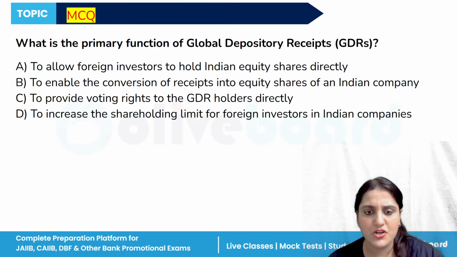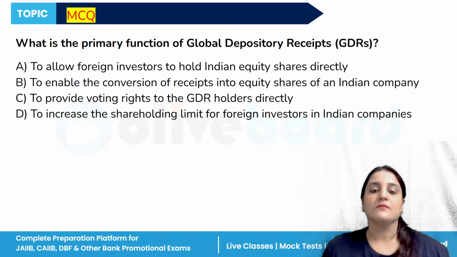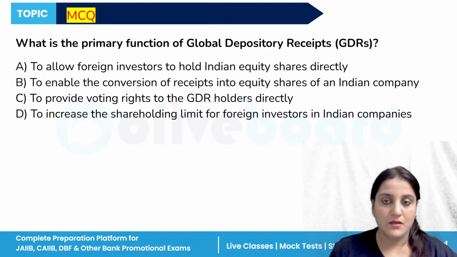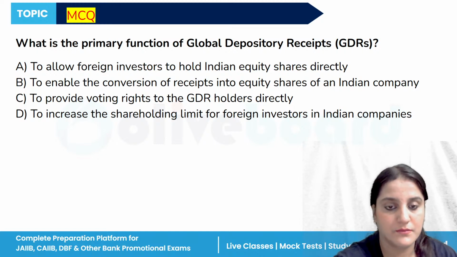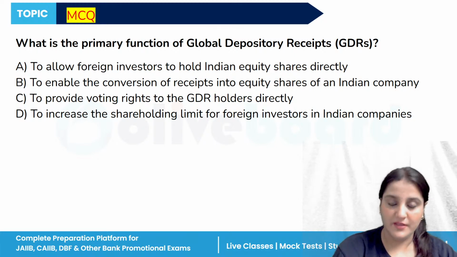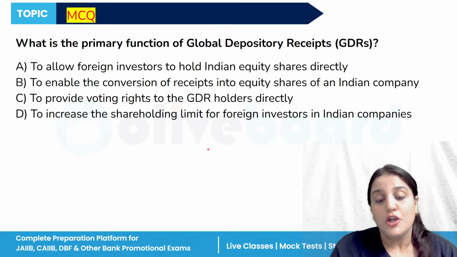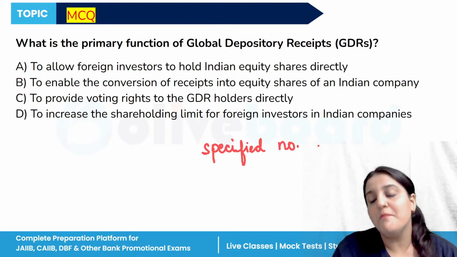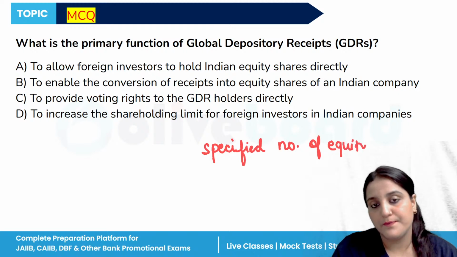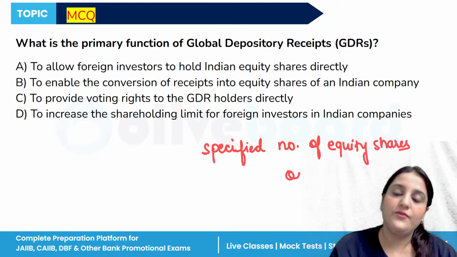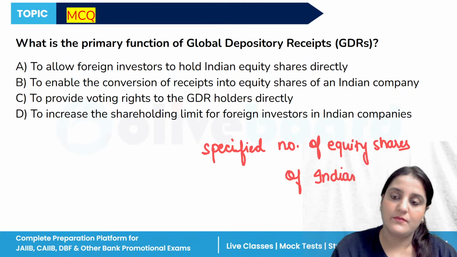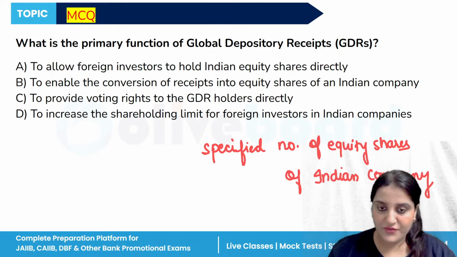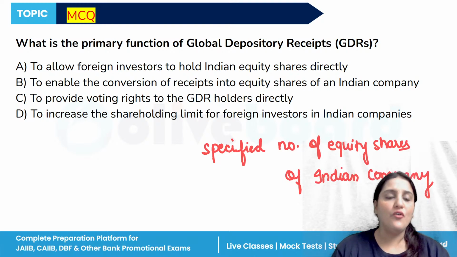What is the primary function of GDR? GDRs represent receipts that entitle the holder to convert into a specified number of equity shares of the Indian company. The receipts are issued by the depository abroad and are traded in the overseas market.